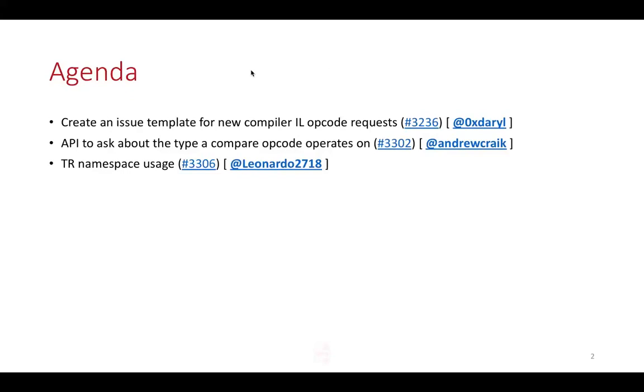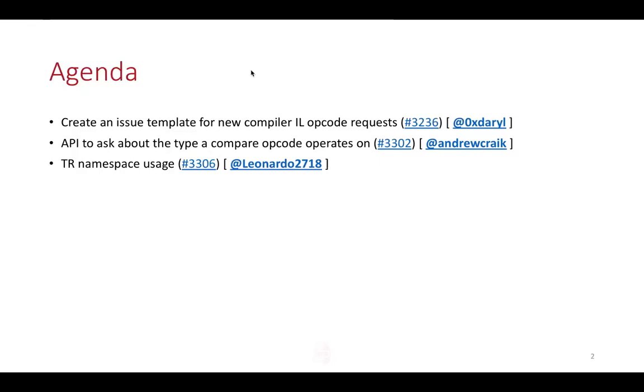Okay, so to kick things off, I'll talk about the issue template. When I had this on the agenda, there were still some open questions to be answered about that, but Charlie Gracie actually added some comments to the pull request.